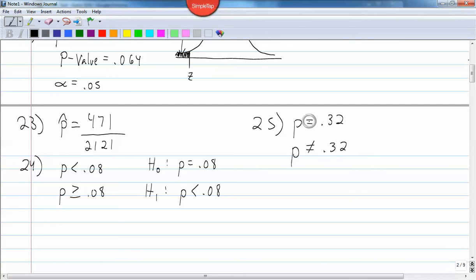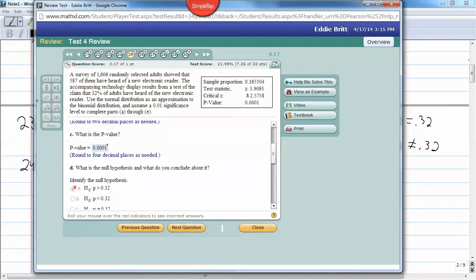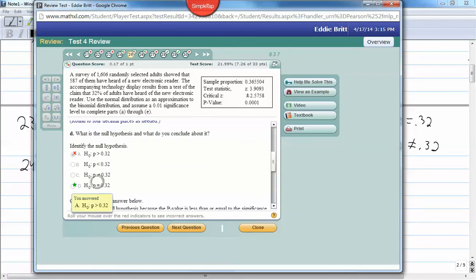The one that has equality, that is our null hypothesis. The other one, that is our alternate hypothesis. Alright, so our null hypothesis was the one with equality, equals.